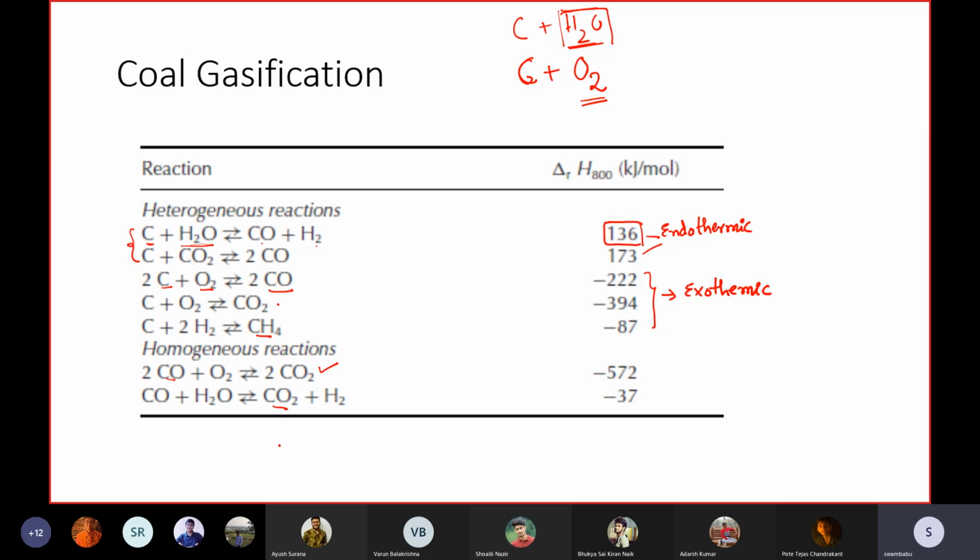If we do gasification with the help of steam, we need to provide energy, because this is an endothermic reaction. Energy needs to be supplied.